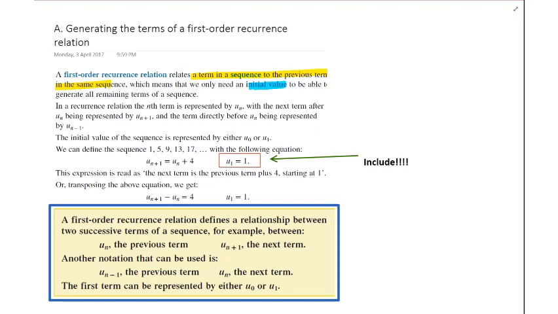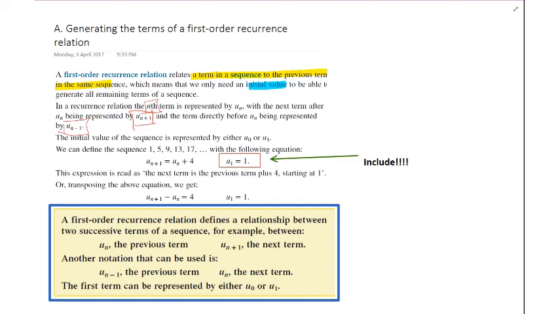The nth term is represented by U_n, and the next term is represented by U_(n+1), or the previous one being U_(n-1). If our fifth value is U_5, the next one would be U_(n+1), so 6. The previous one is n minus 1, 4.